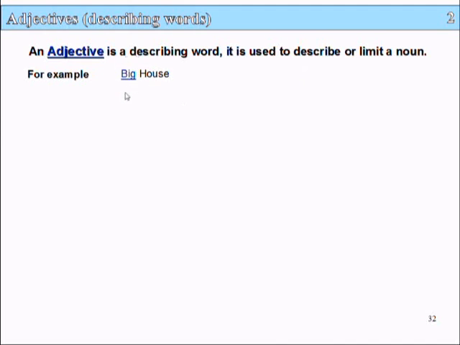It's describing the house, and house is the noun. House is the thing. Strong man. Man is the noun, the thing, and strong is the adjective. He's not a weak man, he's not a red man or a blue man, he's a strong man.